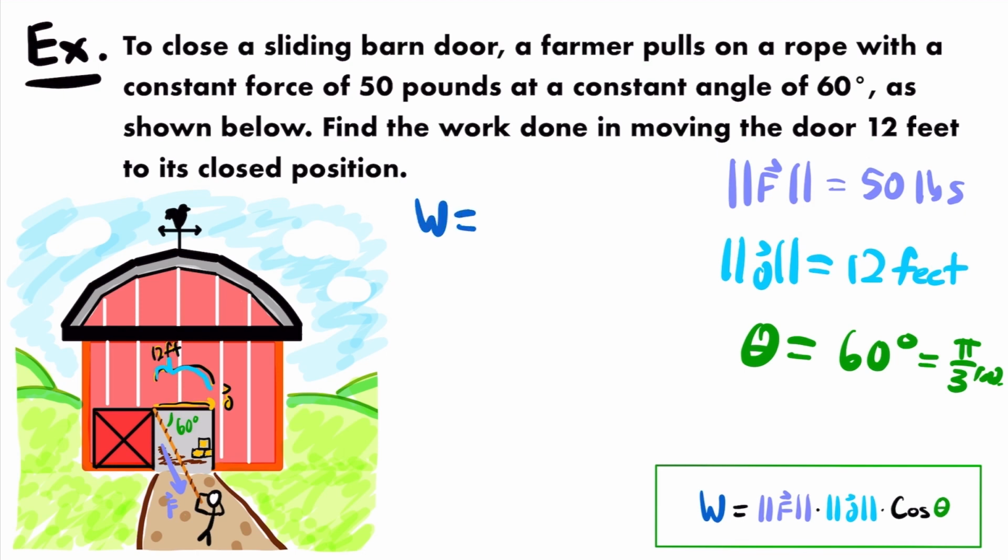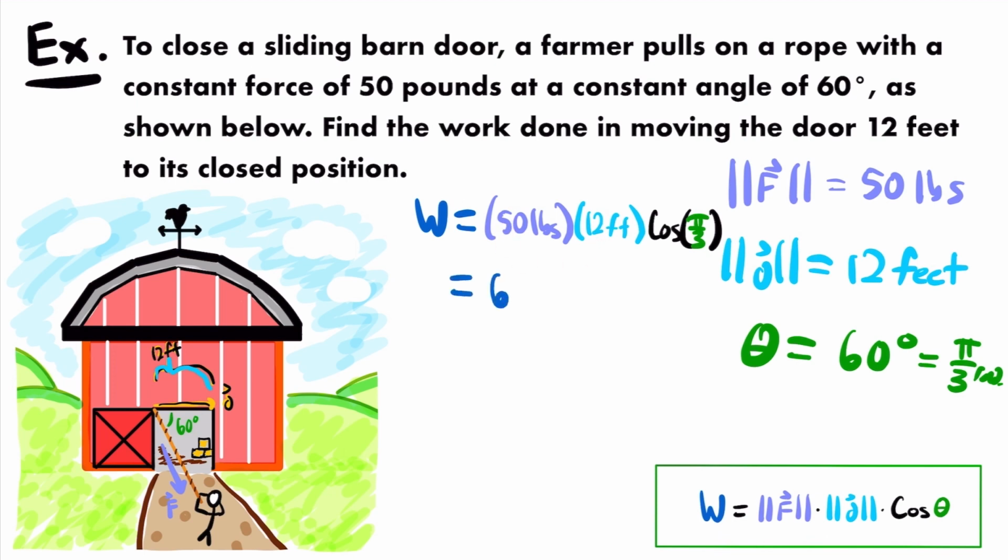The work will be equal to the magnitude of the force vector, so we'll have 50 pounds times the magnitude of the distance vector, so we'll have 12 feet. And then we're multiplying by cosine of the angle, which is 60 degrees, or pi divided by 3 radians. So 50 times 12 is 600.